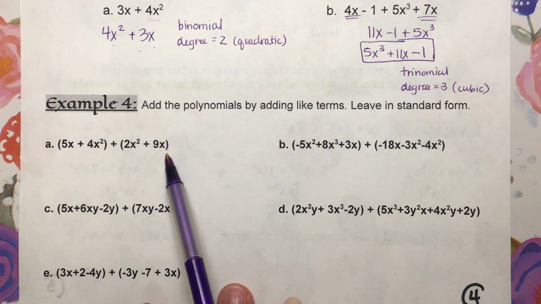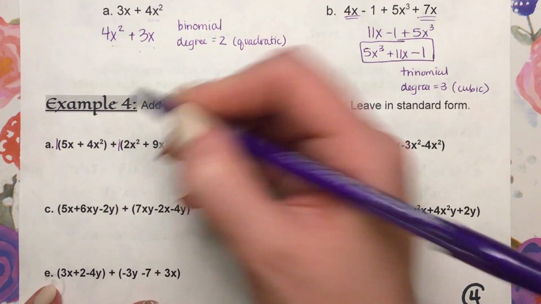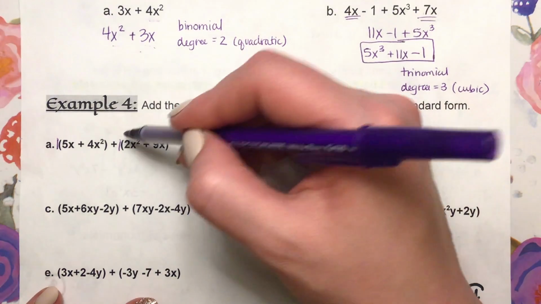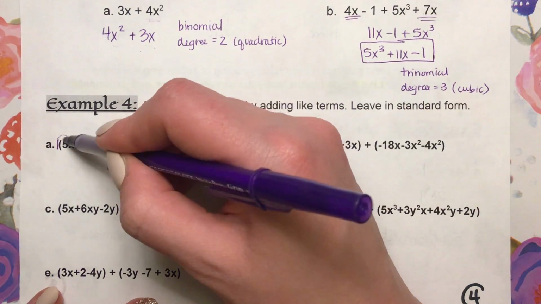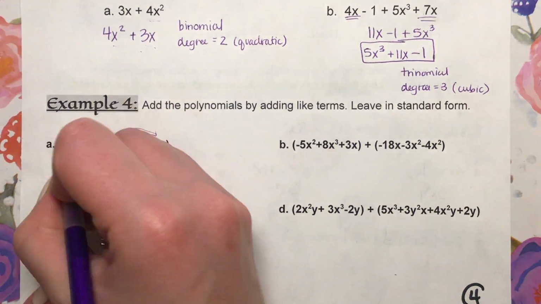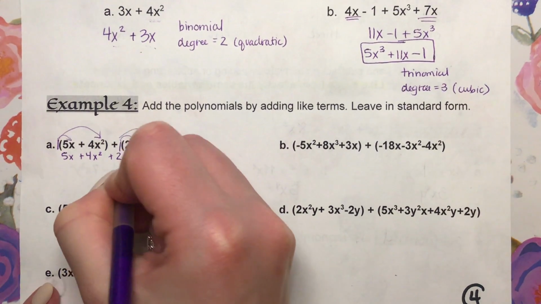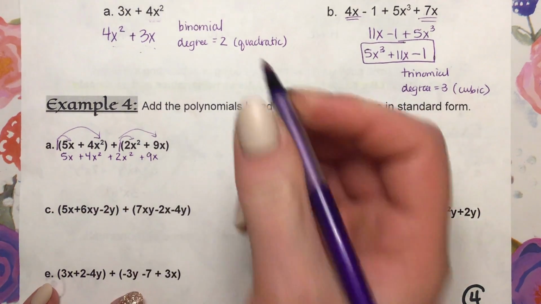If you want to think about it this way, these parentheses are distributing a positive 1 because there is a positive 1 in front of both of those guys. So if I were to distribute a 1 to both sets of the parentheses to get rid of them, no value is truly going to change. So I'm going to have 5x plus 4x squared plus 2x squared plus 9x.